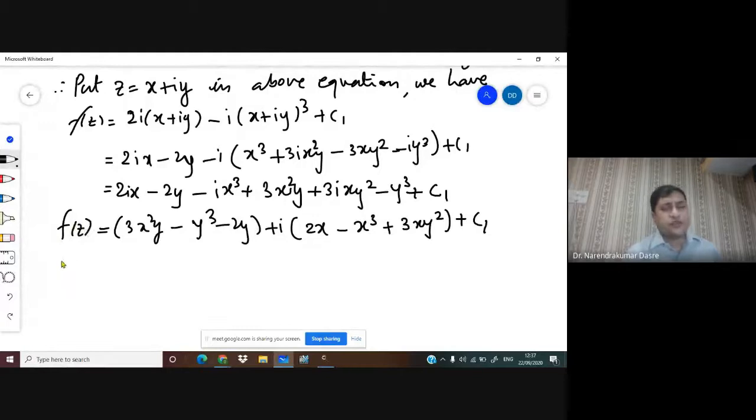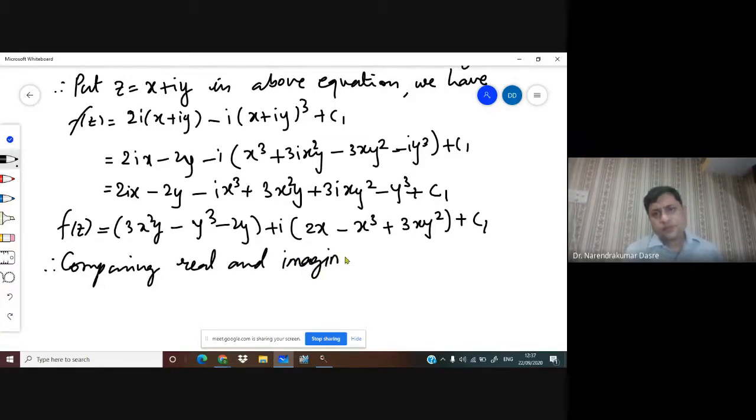So this is going to be f of z. And hence what we can do is compare real and imaginary parts.